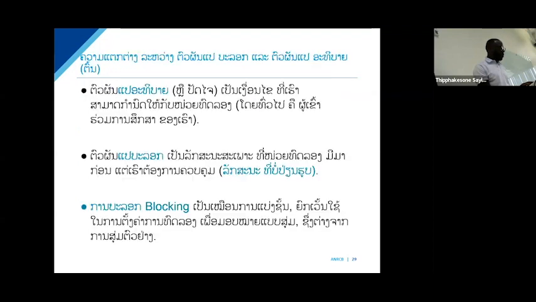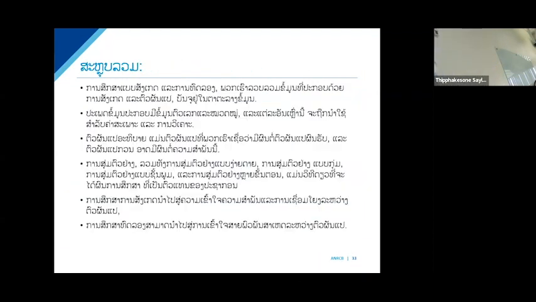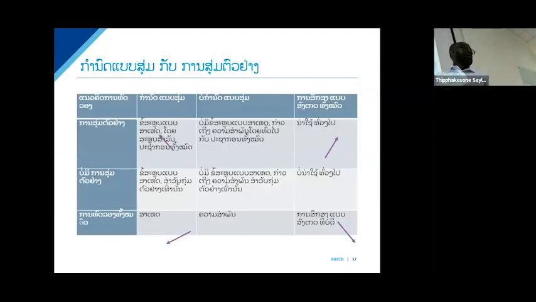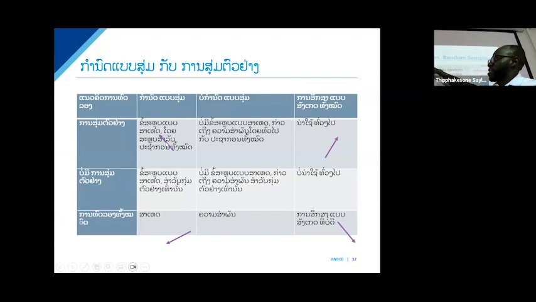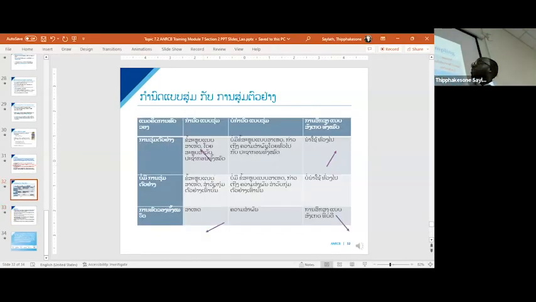But what I really want to do is focus on the last slide here. I think the last slide brings everything together. I really like pictures to try and understand things. So here I'm showing you what happens when I have random assignment and when I have random sampling in the study.